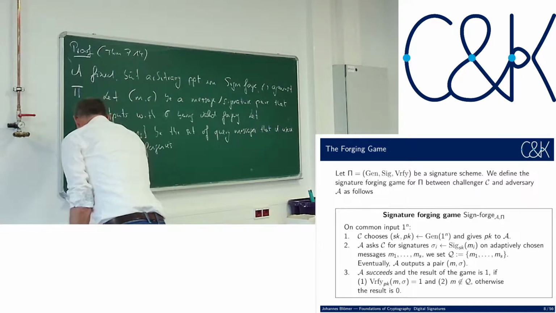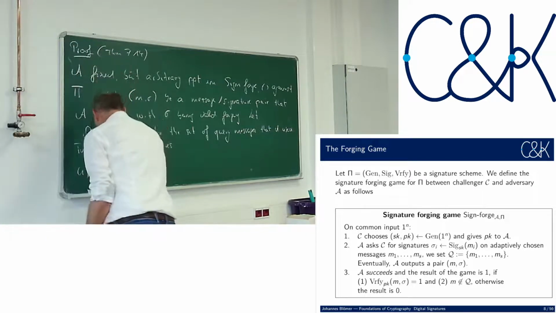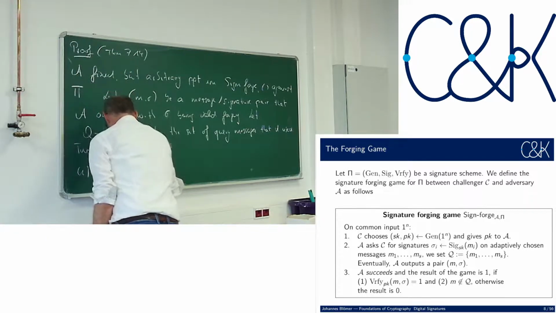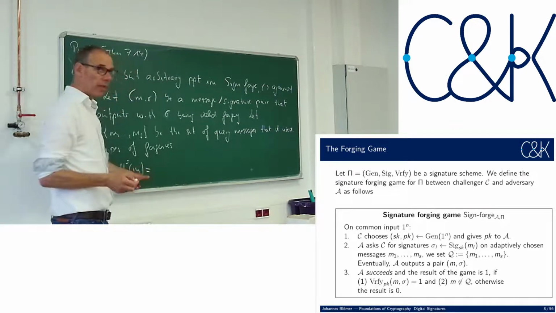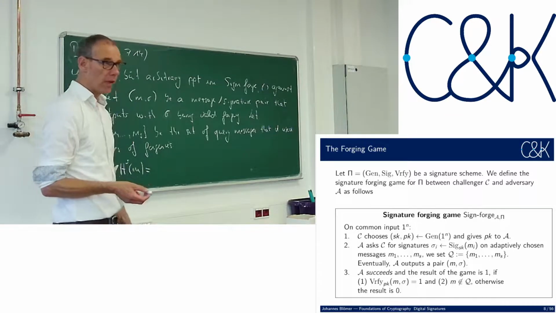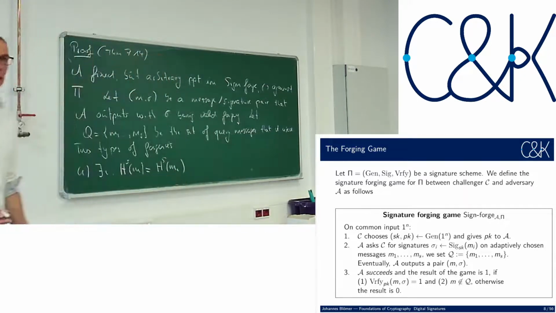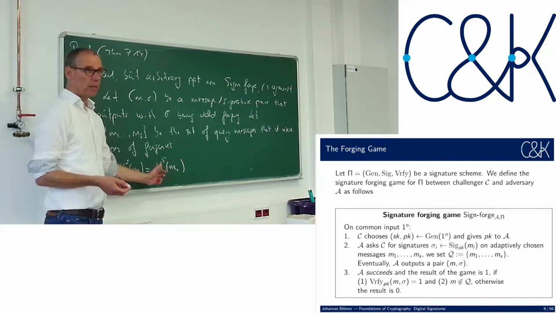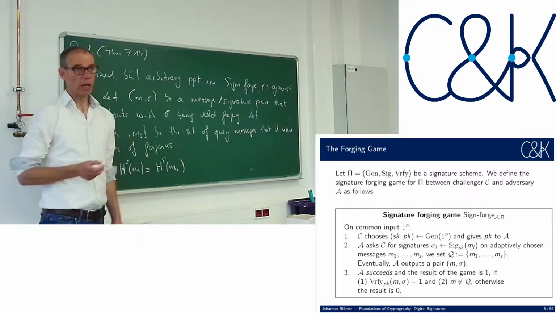So the first one is: there exists an i such that the hash value of H_s of m is equal to the hash value of m_i. Okay. So there is one query message that has the same hash value as the message that we output as forgery.